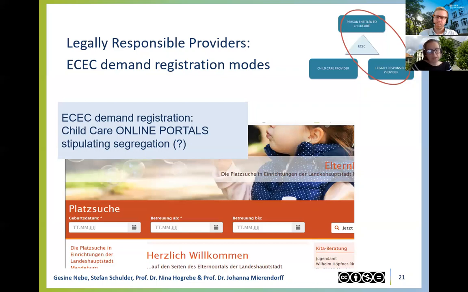So it must be well assumed that persons who do not understand or speak German well enough to follow the instructions are excluded, might miss dates, register rather late, do not really know how to register with particular ECEC providers or how to register their demand at all, and hence how to put their child's entitlement to childcare into action. Those families and children, we may well assume, might enter the education system rather late.